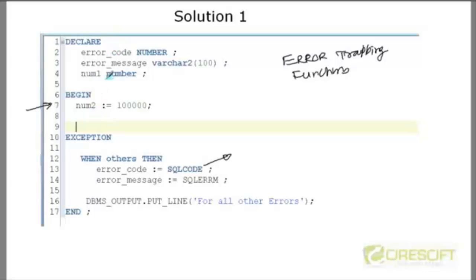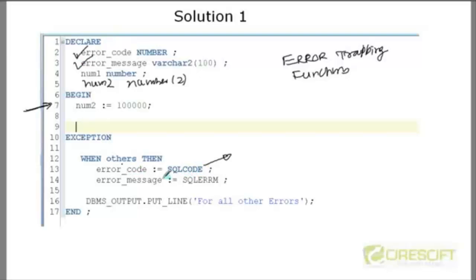I have declared num2 as number, let's say with precision 2, so it can contain anything up to 99, but I'm trying to assign a value that is more than that. Therefore a value error will occur, assuming that I do not know the error code. I wrote only one exception handler called when others, and inside that I have defined two variables, one number and one varchar. In error_code I assign the value of SQLCODE.